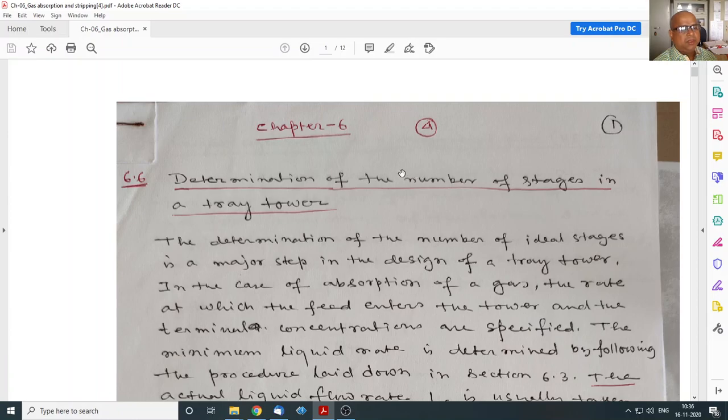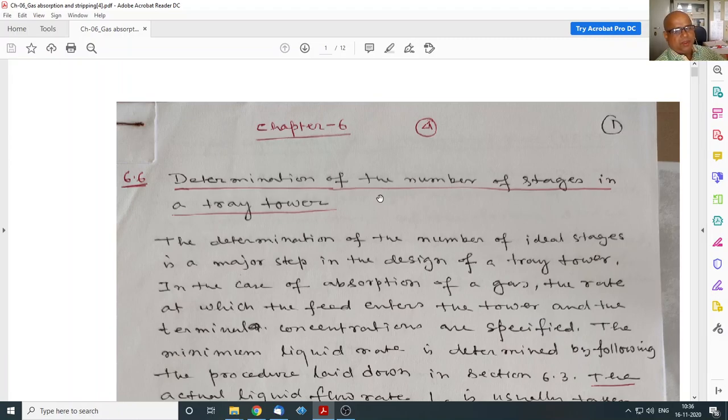Today we will see how to determine the number of stages in a plate column or tray tower. We know that for a plate column the plate spacing will be between 1 foot and 3 feet depending on the flow rate, and we also know how to determine the diameter of the column, from chapter 5.